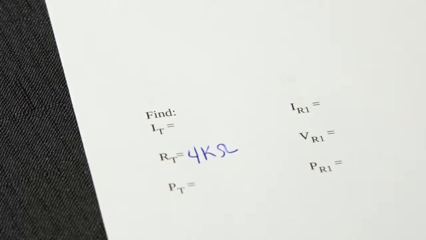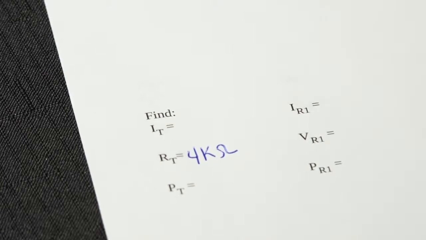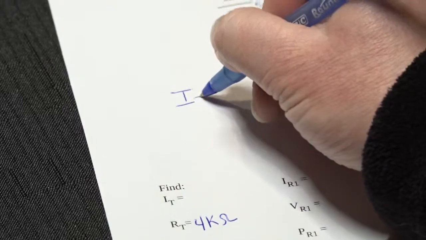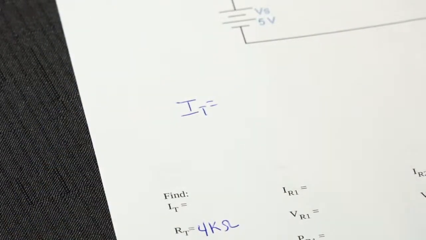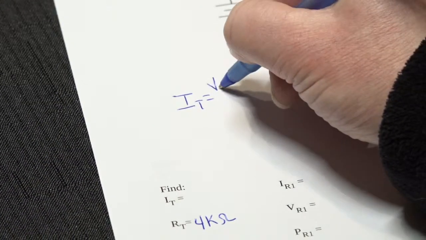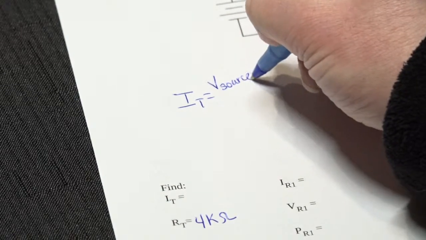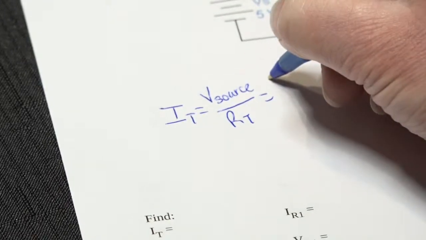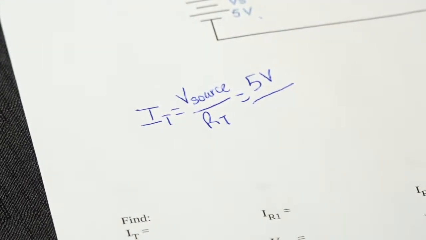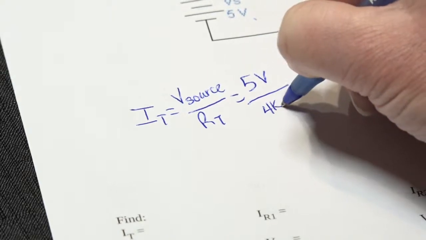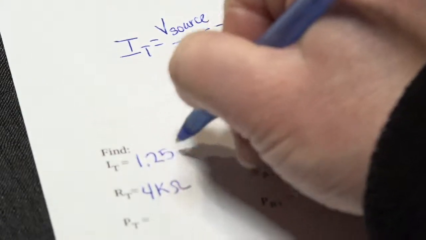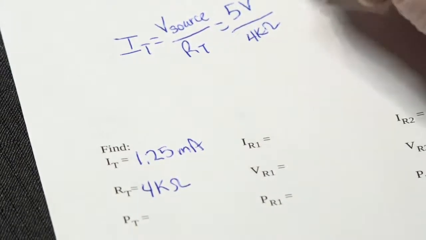Yes, that's right, Ohm's law, to find our total current. And our total current is going to be equal to our voltage source divided by our total resistance, which is equal to 5 volts divided by 4K ohms, which gives us 1.25 milliamps.